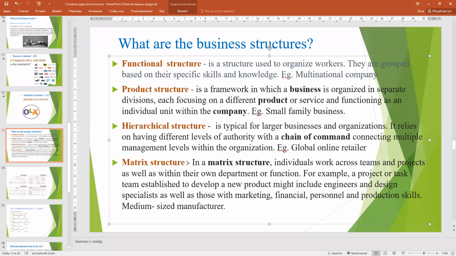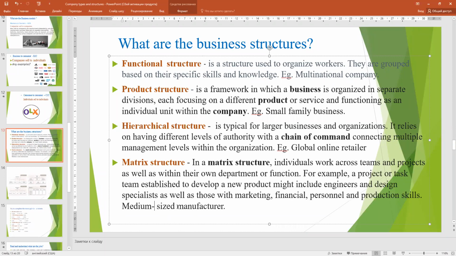So finally, you can see the matrix structure. In the matrix structure, individuals work across teams and projects, as well as within their own department or function. For example, a project or task team established to develop a new product might include engineers and design specialists, as well as those with marketing, financial, personnel and production skills.